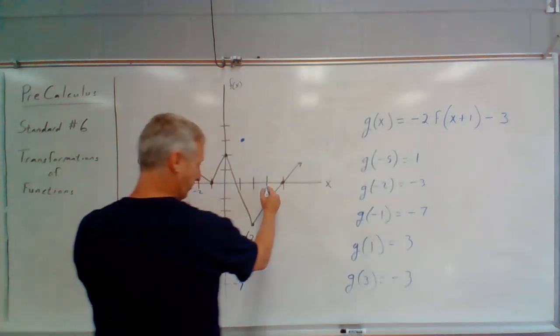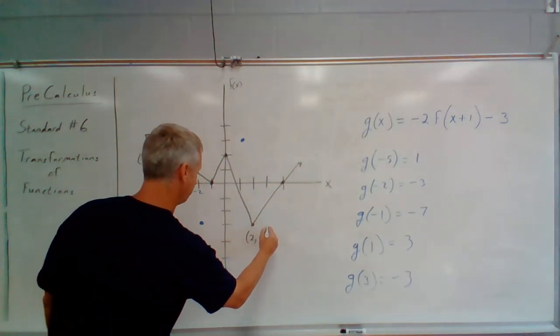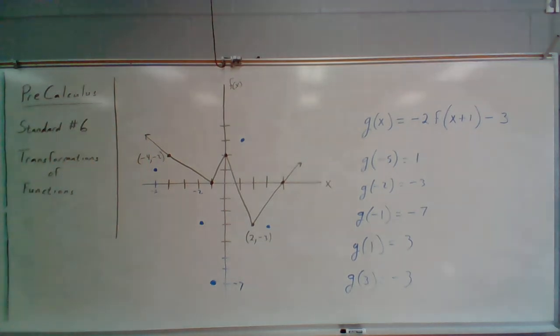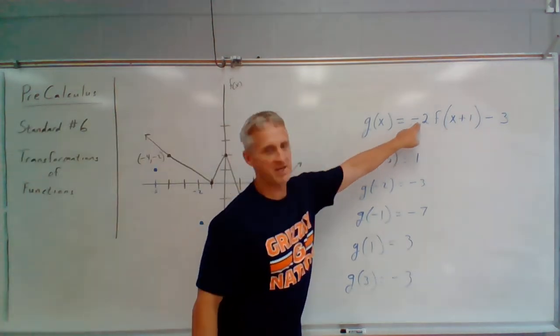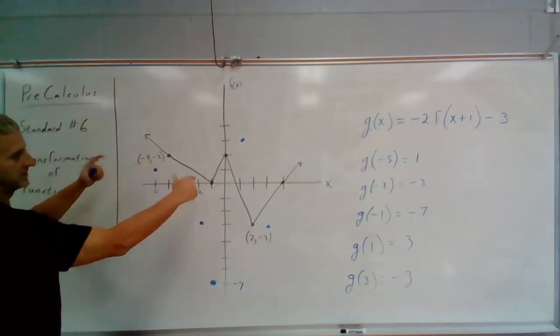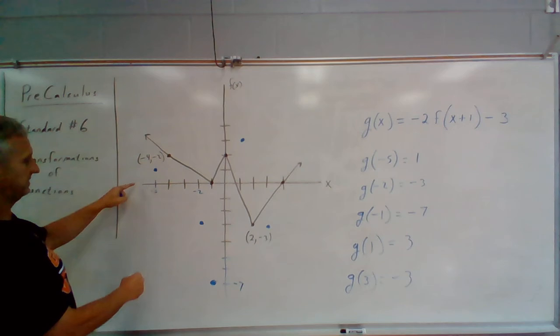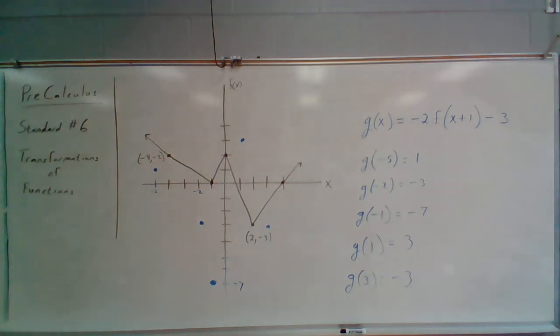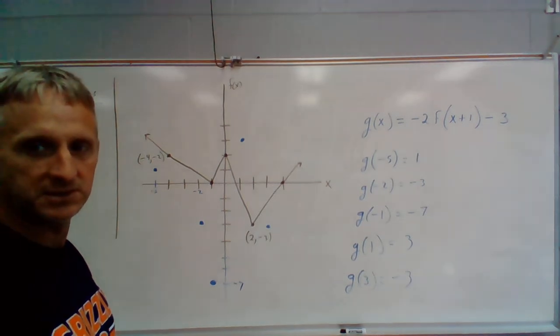So g of 3 is -3. All right, so I found all 5 points that I can find. Notice that this is a negative in front, so this graph gets flipped around the x-axis. So what does this thing look like?